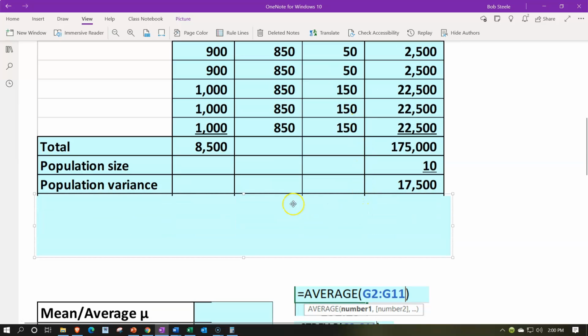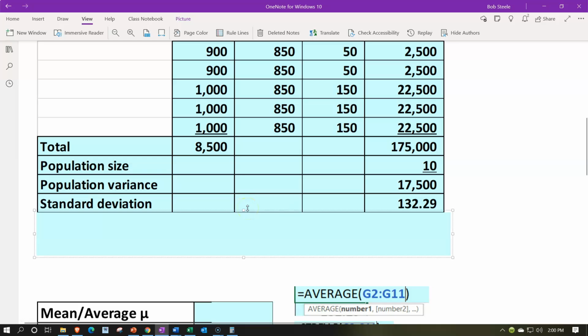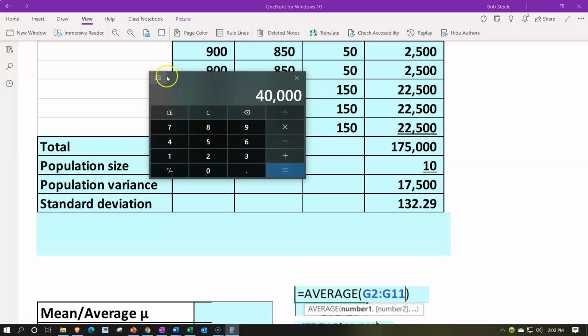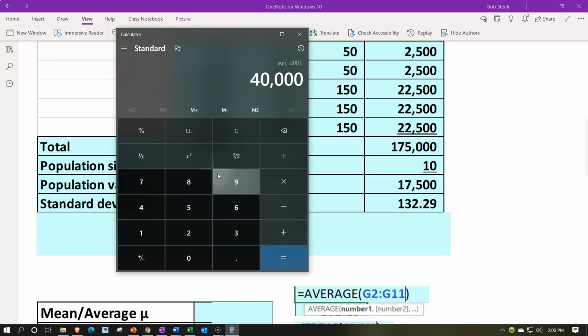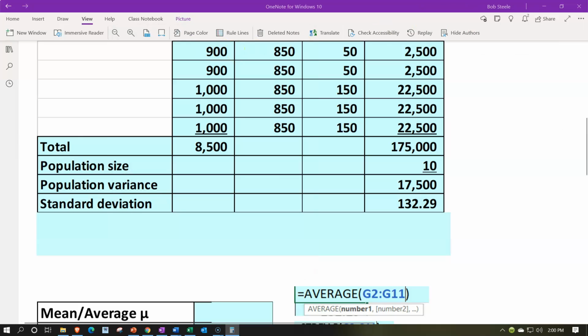So oftentimes you would want to take the variance and take the square root, and that's what we call the standard deviation. The standard deviation is going to be in the units that we're talking about. So if I take the square root of the 17,500, we get about 132.29.